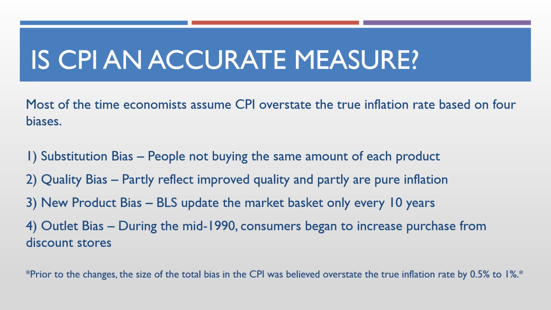Therefore, the CPI might not be the perfect measure of the overall price level. However, even though it overstates the true inflation, there are basically marginal differences from the actuals. Consider 0.5 to 1% as the margin. It's a reasonable assumption here.